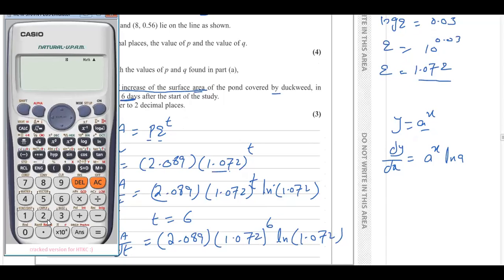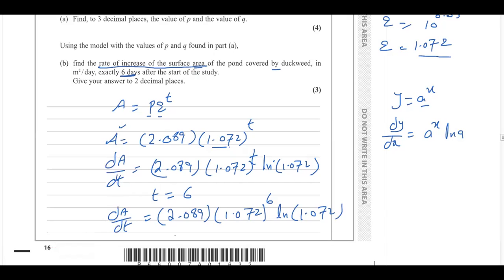It will be 2.089 into 1.072 to the power 6 into log of 1.072. So it will be 0.22. To 2 decimal places we have to write, so 0.22. That is going to be 0.22 meter square per day.